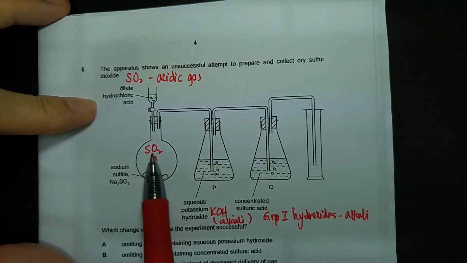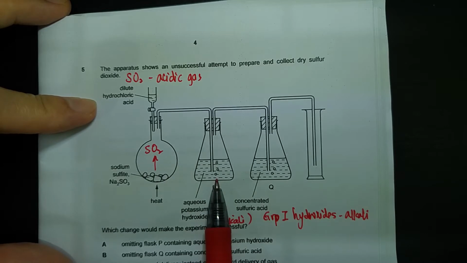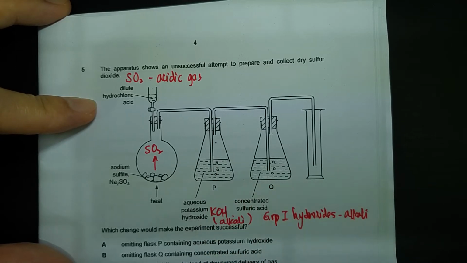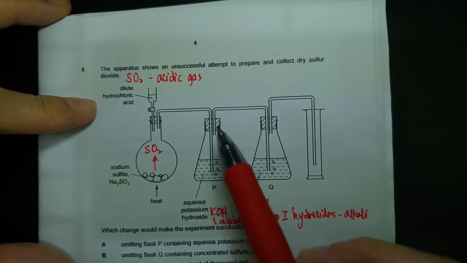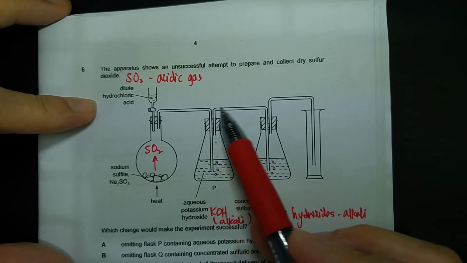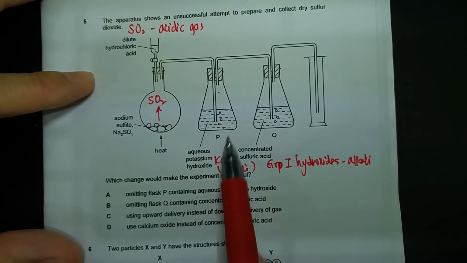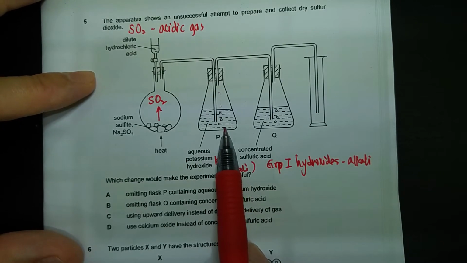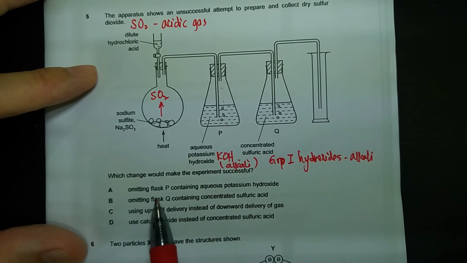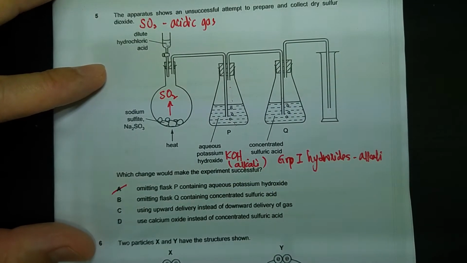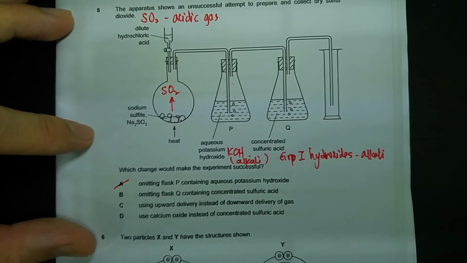So when an acidic gas is bubbled into an alkali solution, neutralization will occur, and you should get salt and water. So there will not be any more gas coming out here. The change would be to remove this flask, omitting flask P containing aqueous potassium hydroxide. So A is the answer.